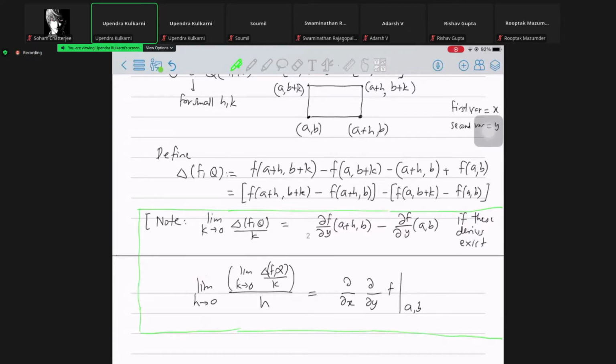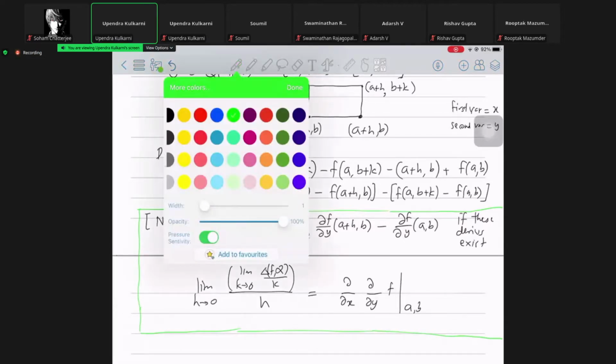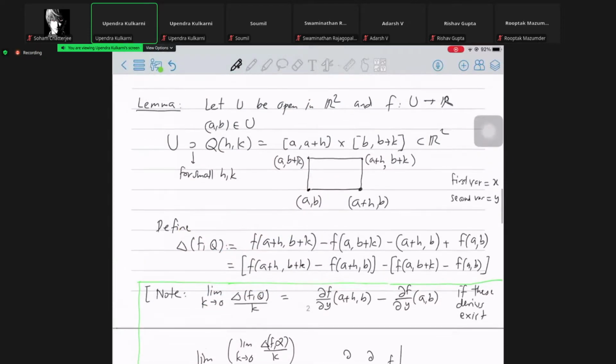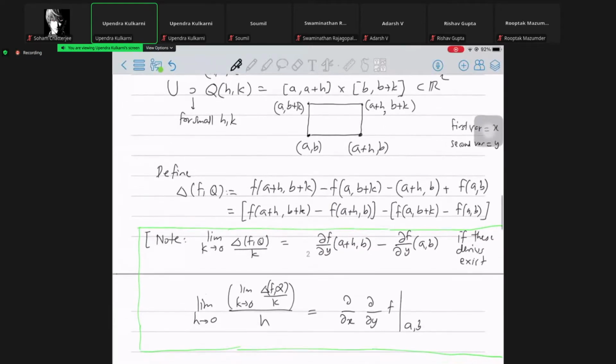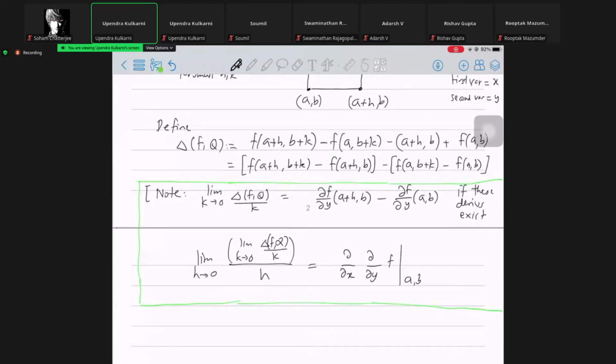Let's continue with the lemma. And the lemma is going to say something about this quantity. Then there exists a point s and t in the rectangle. Sorry, not just in the interior of the rectangle.